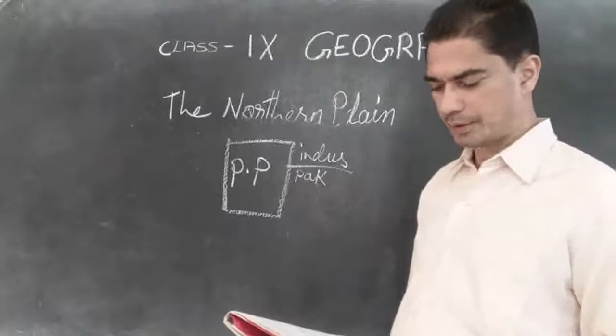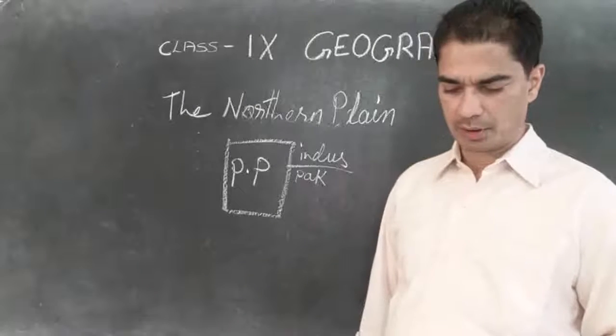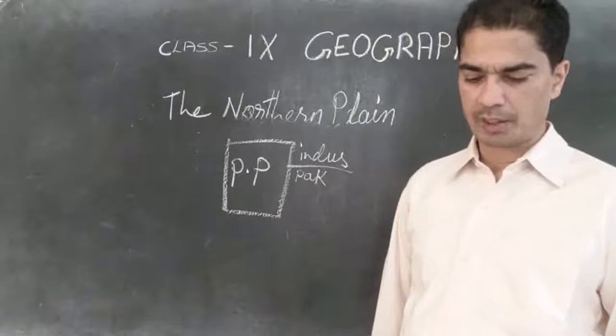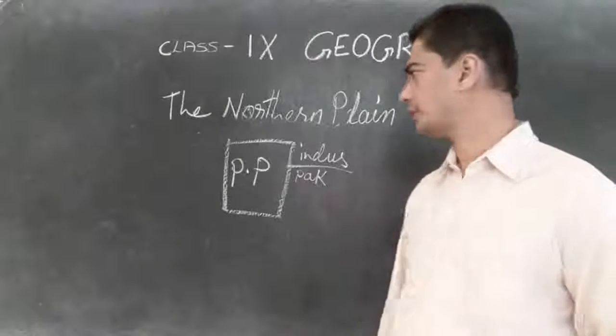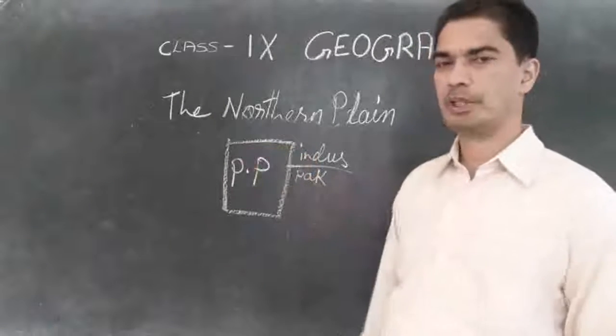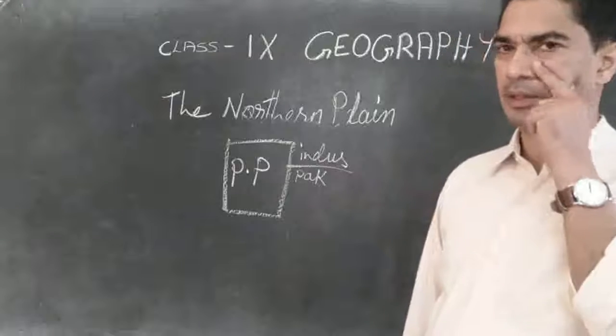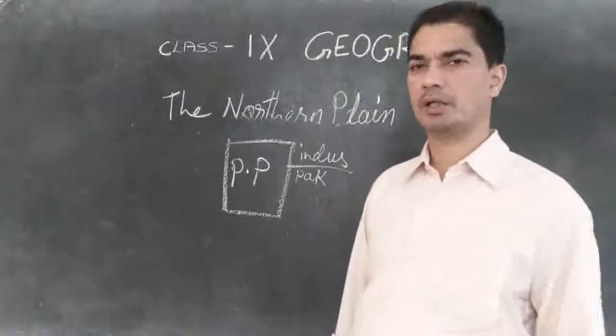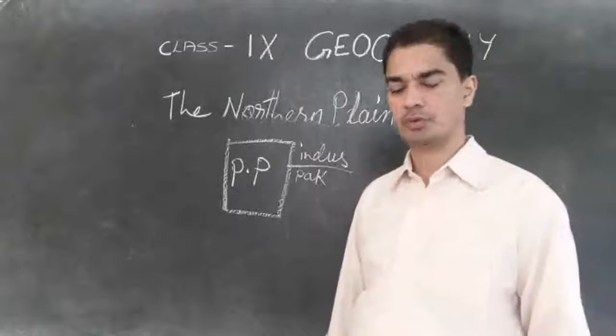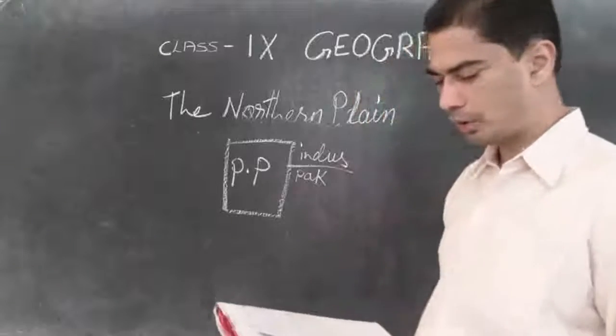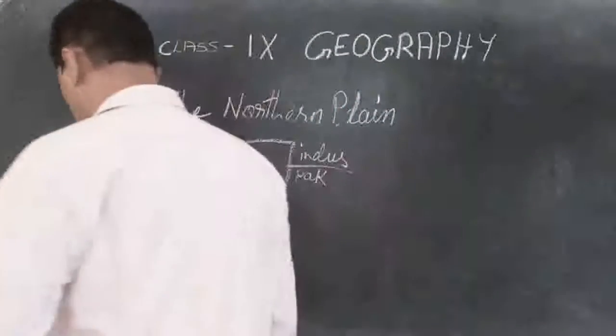Then this section of the plain is dominated by the doabs. So this section, the Punjab plain, is dominated by the doab. You come to know a new word, doab.